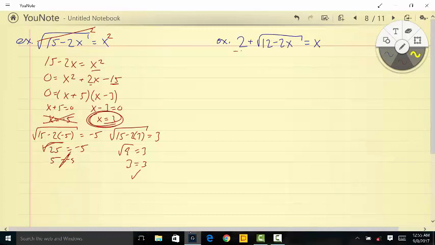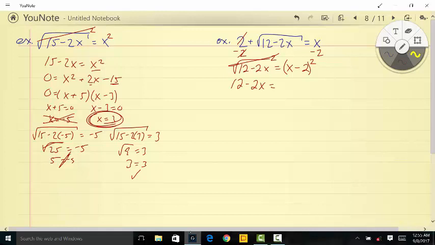Now in this next one, we're going to get the radical by itself, we're going to minus the 2 over. So we're going to get the square root of 12 minus 2x is equal to the quantity x minus 2. Now when we square this, we have to square the right-hand side, and this is a binomial. So on the left-hand side, these are going to cancel, leaving us with 12 minus 2x.